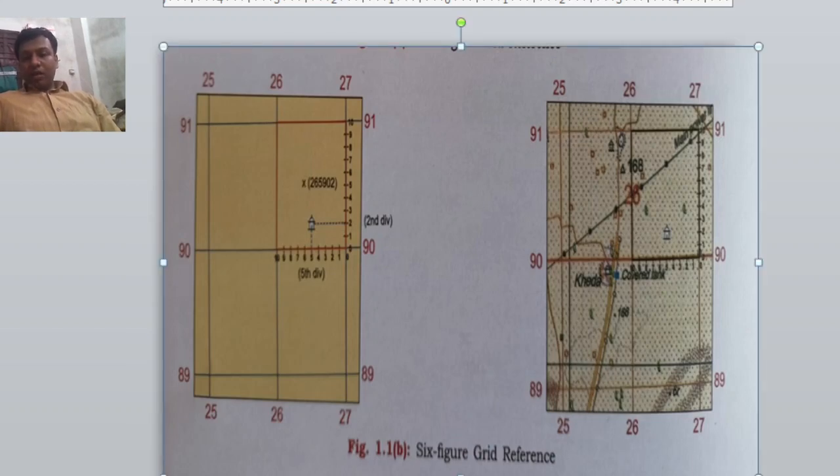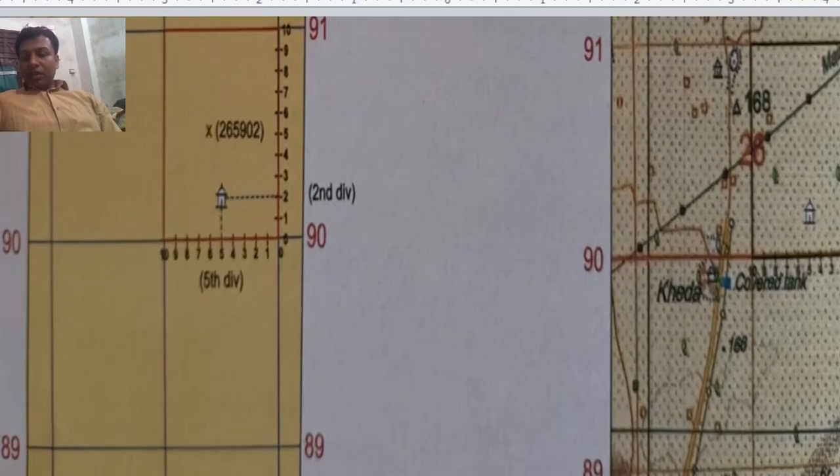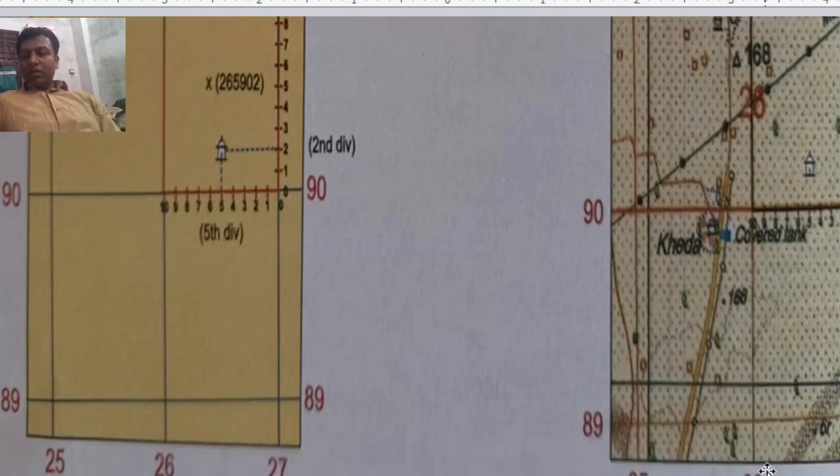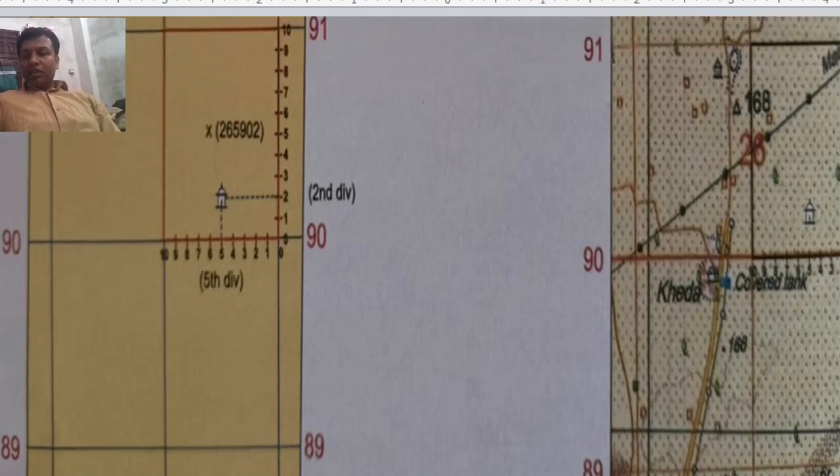In your six-figure grid reference, suppose you have to find this triangulated height 168. What is the reference? So go through it. This is on the point of 7 in easting, and this is easting 26, so 26 7. And in northing we have the triangulated height.